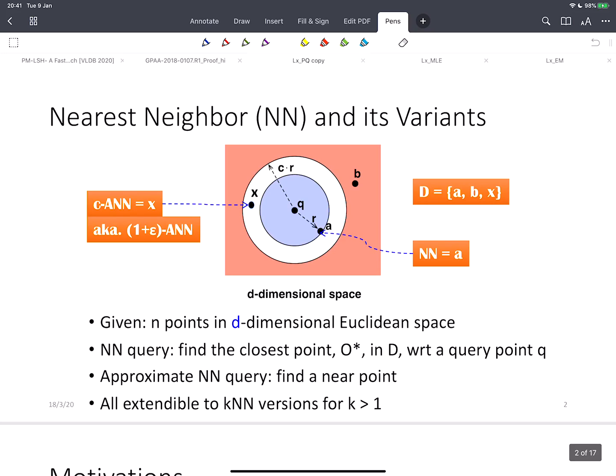But it generalizes to multi-dimensional space and with other kinds of distance functions as well.